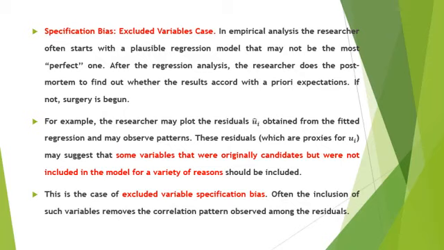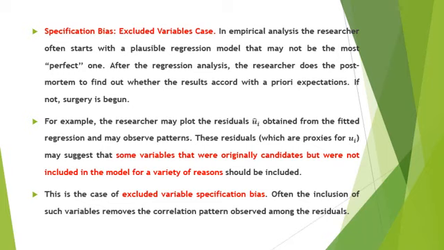For example, the researcher may plot the estimated residuals, that is u hat i, obtained from the fitted regression and may observe patterns. Recall that u hat i are the residuals, and the hat on u indicates that they are the estimators which are used as proxies for ui.